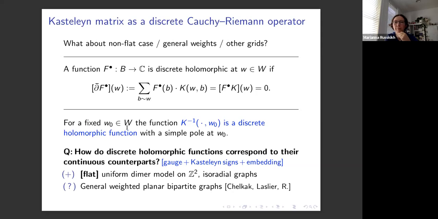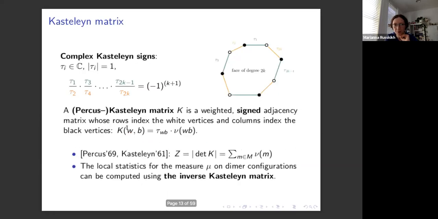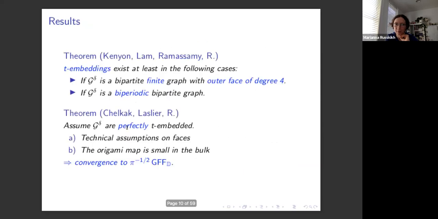But what if the function does not have discrete holomorphicity? Then, yet again, we don't force. Okay, we have some assumptions which are actually related to the weights, but this is not what you are asking, as I understand right now.